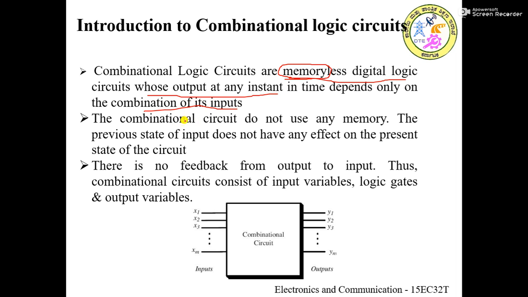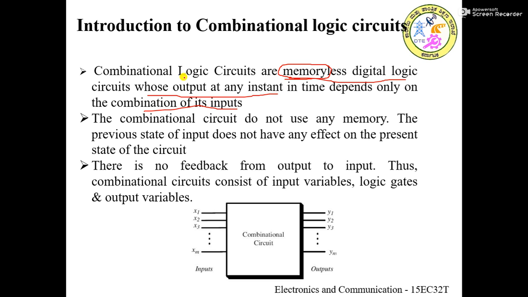In other words, you can define combinational logic circuits as logic circuits which are constructed using logic gates. For any instant, for the specified input combination you will be getting a specified output.